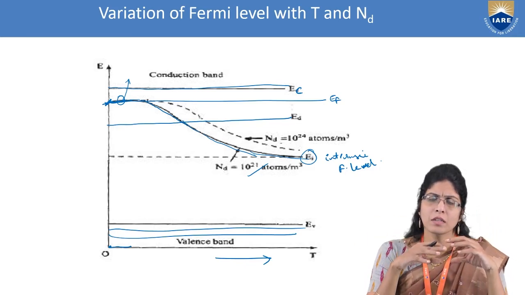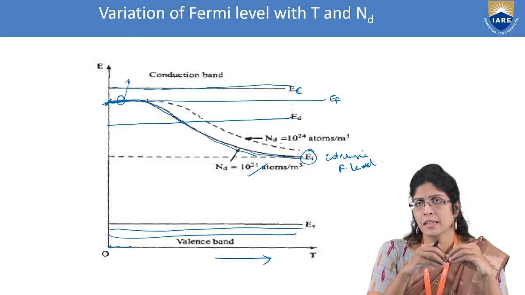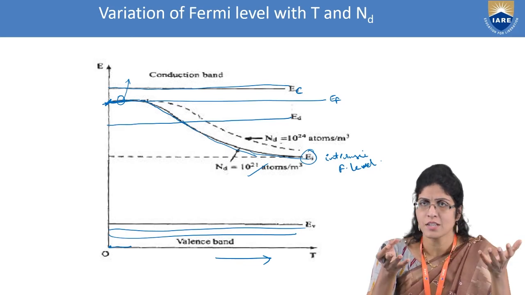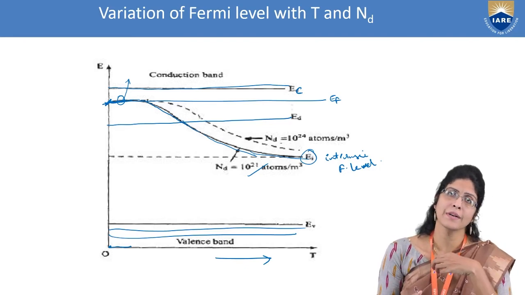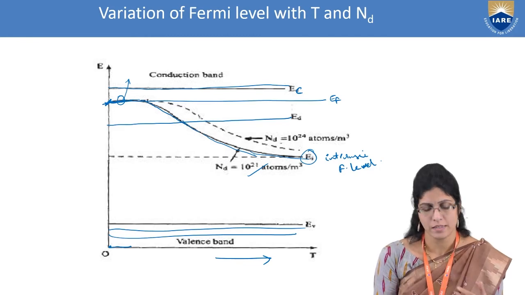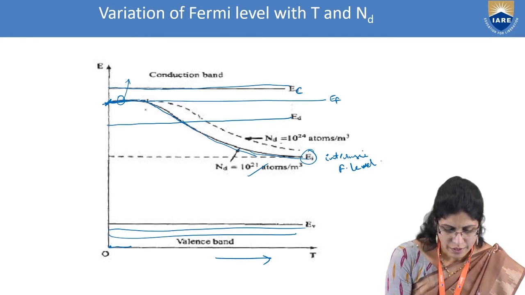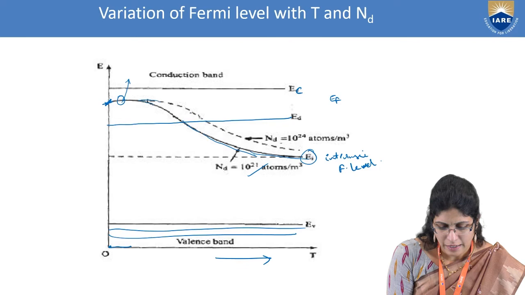The lower the number of phosphorus atoms, the faster the ionization will take place. As the phosphorus atoms increase in number, it will take time for them to ionize. So here it has started immediately, but here there is a lag.